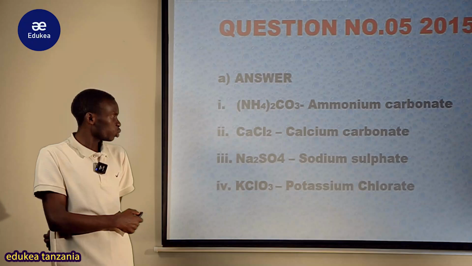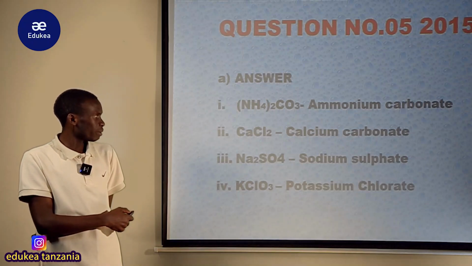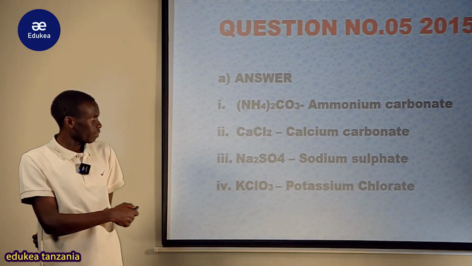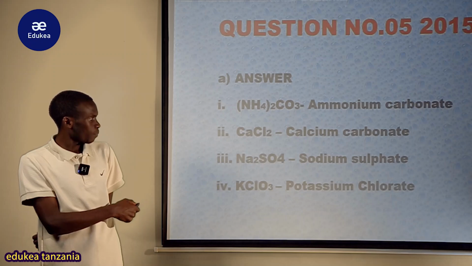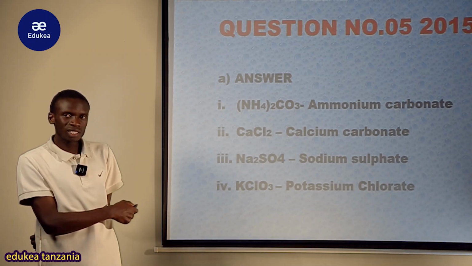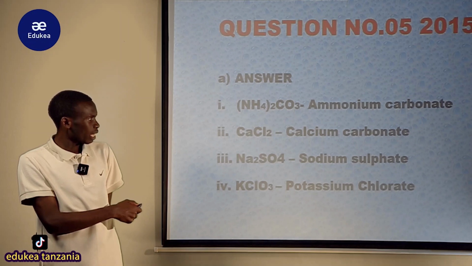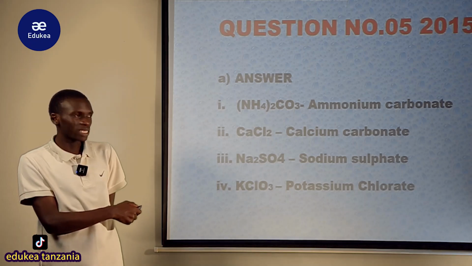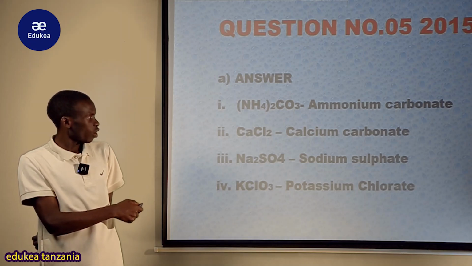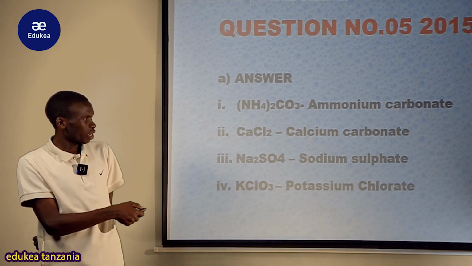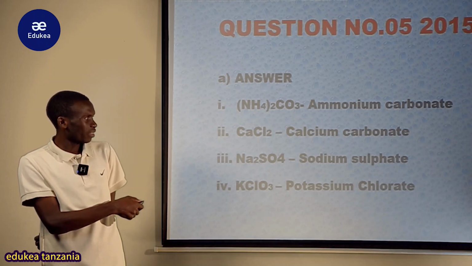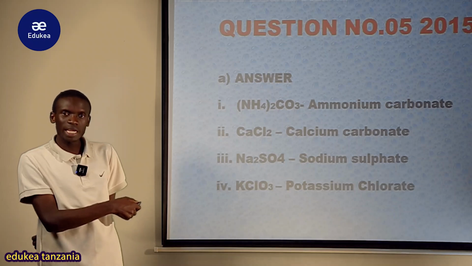And after then, number 2 is made by, cation here is calcium. Unamkuta kuna calcium hapa, hapo kuna chlorine ambayo ina chloride ions. So hii ni chloride, sorry, not carbon, this is chloride ions.